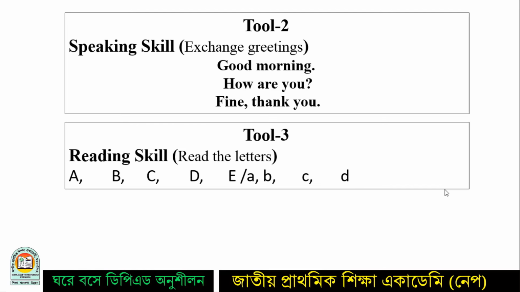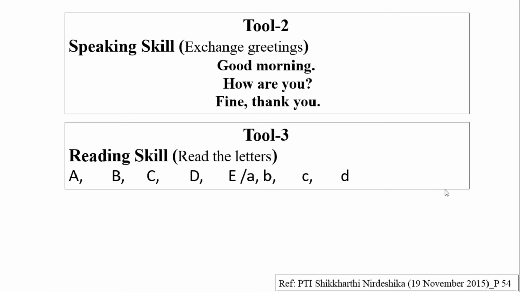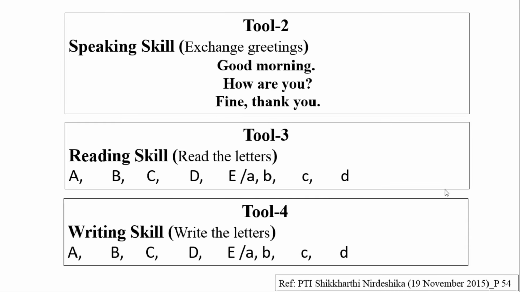Uppercase letters A, B, C, D, E or lowercase letters a, b, c, d. Tool number 4, writing skill. We focus here on writing the letters, uppercase or lowercase. So these are for class 1. You can change according to your necessity or needs.